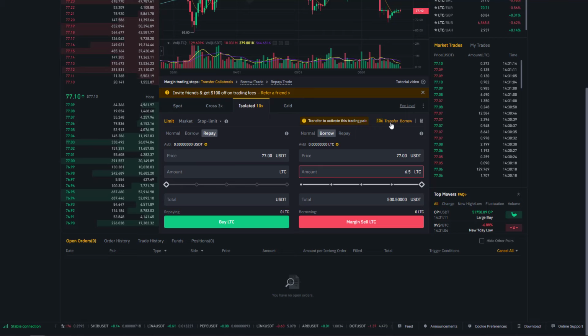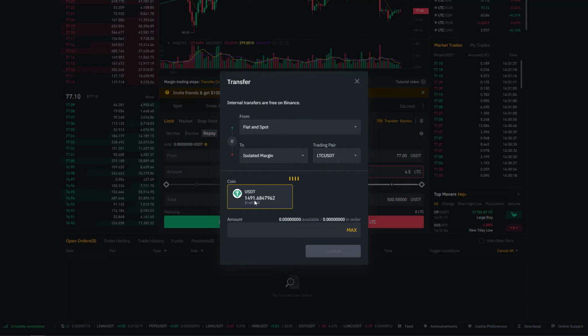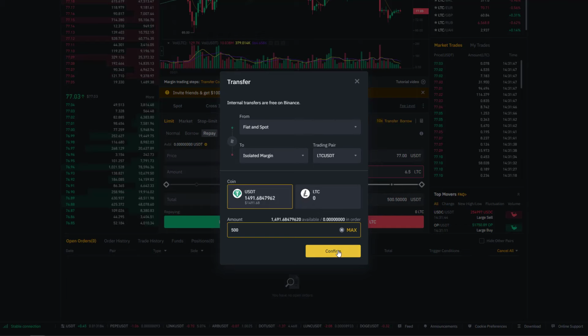So I have to transfer money. I'm going to transfer from my spot account. I have in my spot account a little less than $1,500 USDT. So I'm going to transfer $500 worth from my fiat or my spot to the isolated margin account.